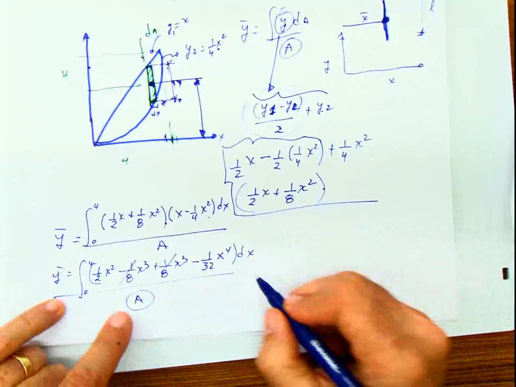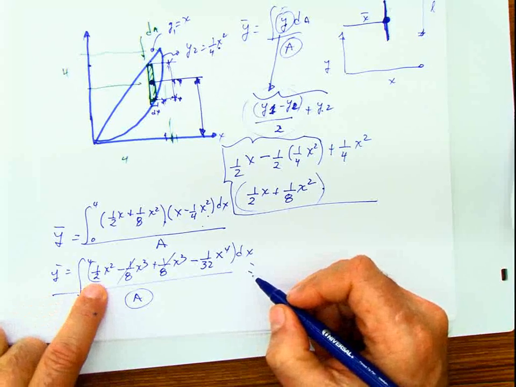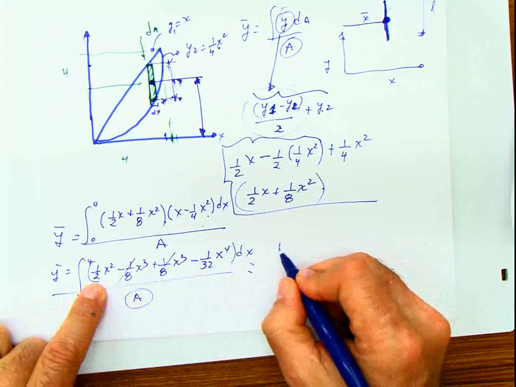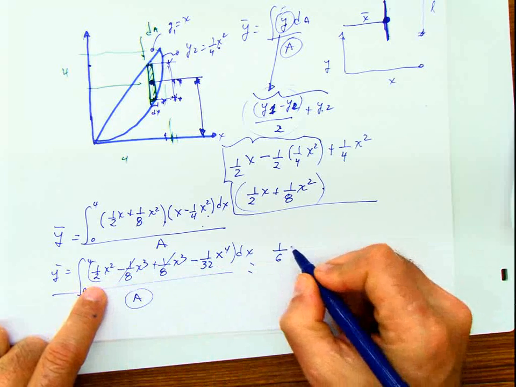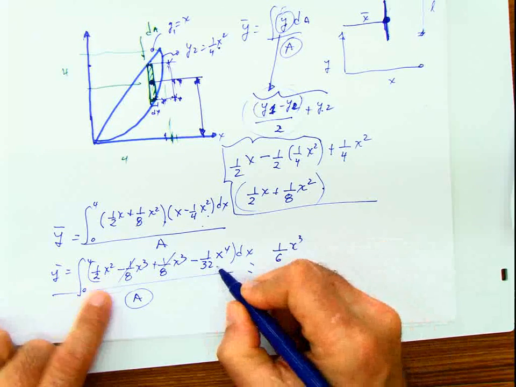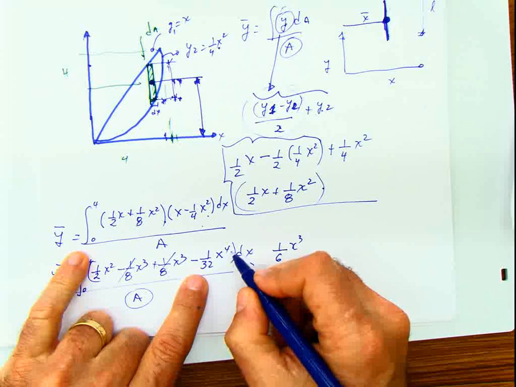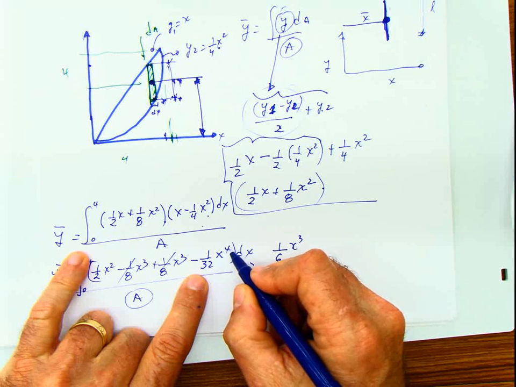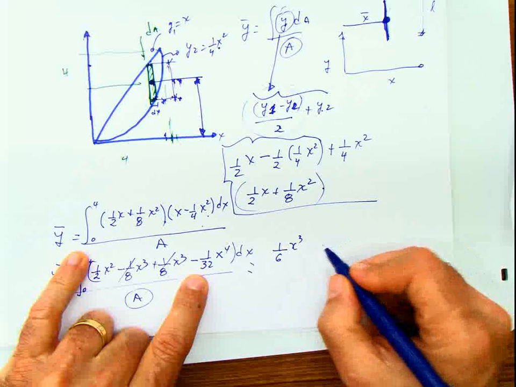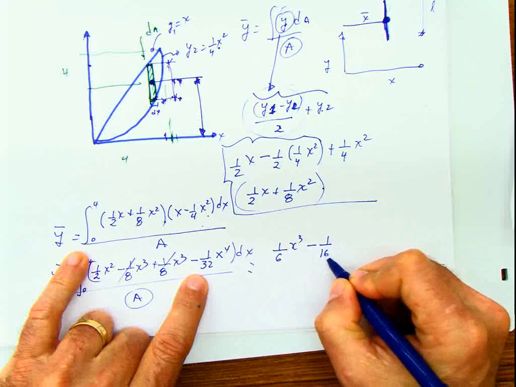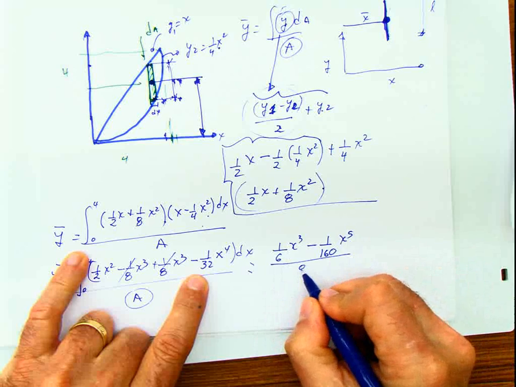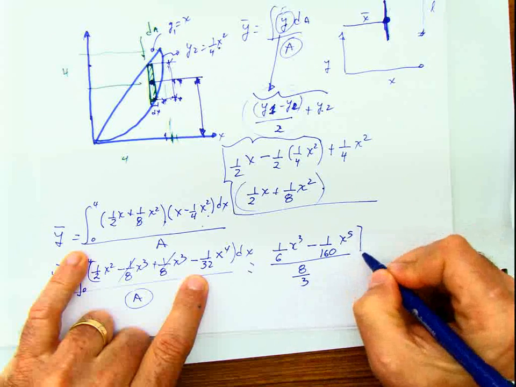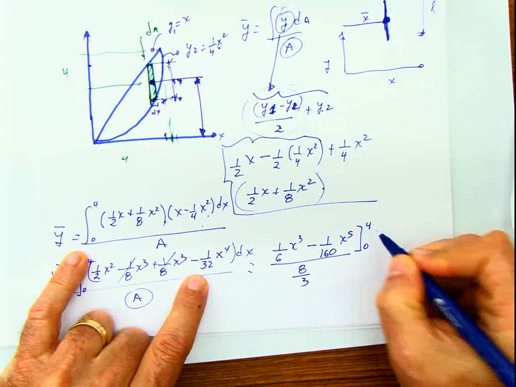And then when we solve this integral, this is x to the third divided by 3, but I have a 2 here, so 1/6 x to the third, and this is going to be 1/32. This is 5 when I integrate it, so this is going to be 1/160 x to the fifth, divided by my area, that if you remember is 8/3, and this is going to be evaluated between 0 and 4.